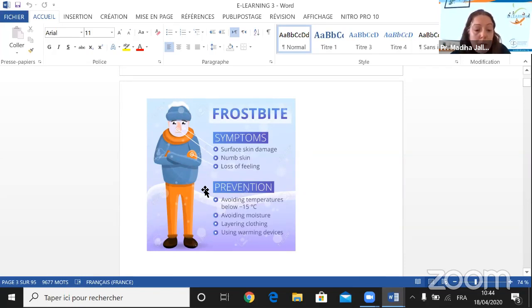And you have to wear layered clothing, with many layers, one on top of the other. You wear a coat, a pullover, socks, gloves, boots. This is how you protect yourself against frost. And of course, you can use warming devices, either at work, in class, or at home.